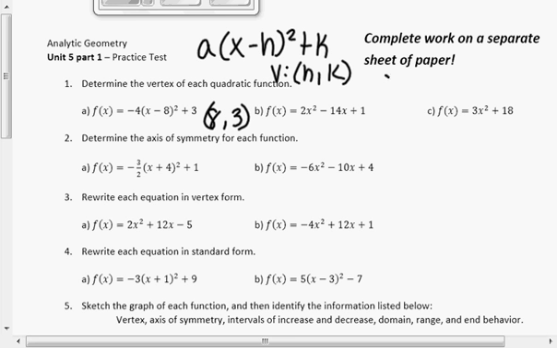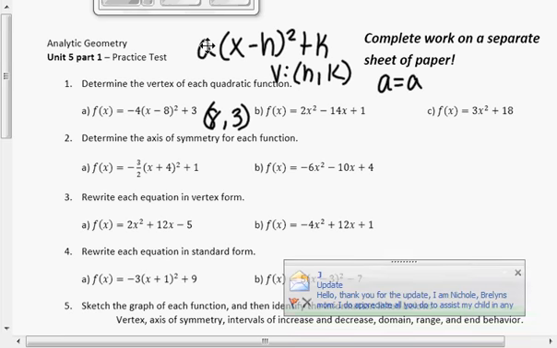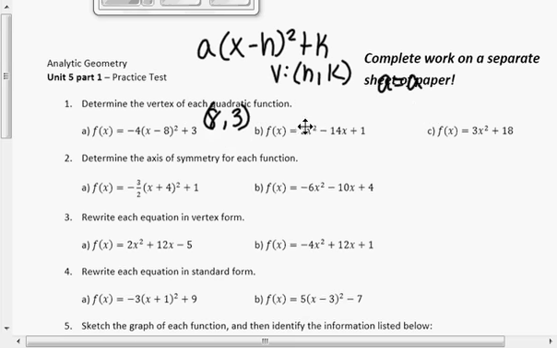So a equals a. Since our a in b is 2, we're going to have a 2 times (x - whatever h is) squared.